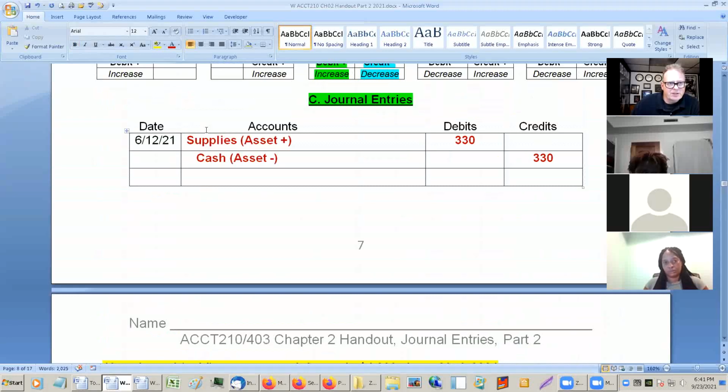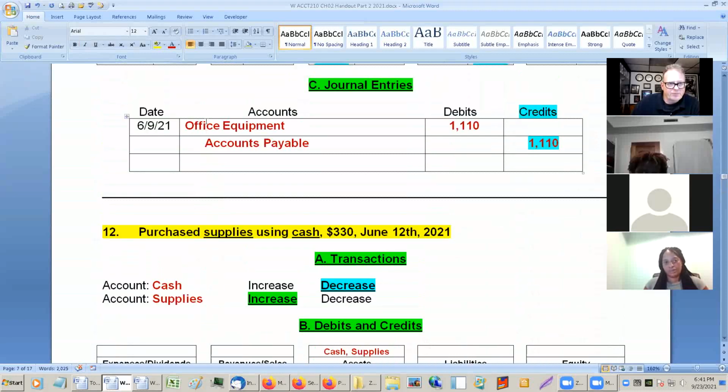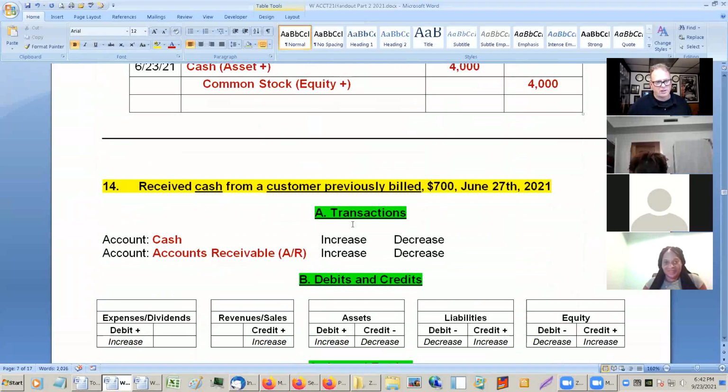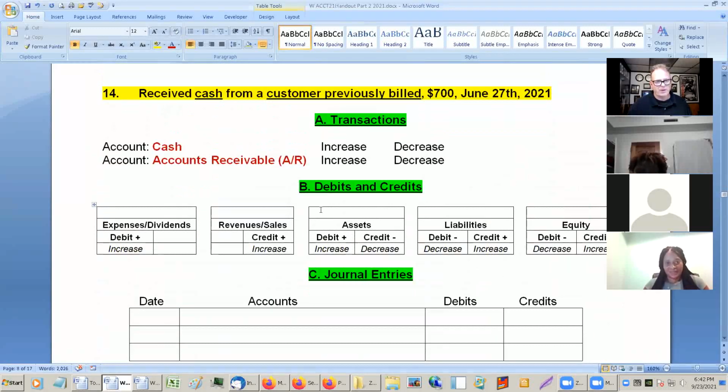Accounts payable, you'll see is AP. And you can put it just like that in the journal entries if you want. I'm going to write them out.